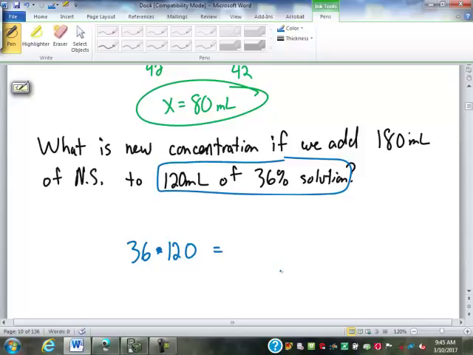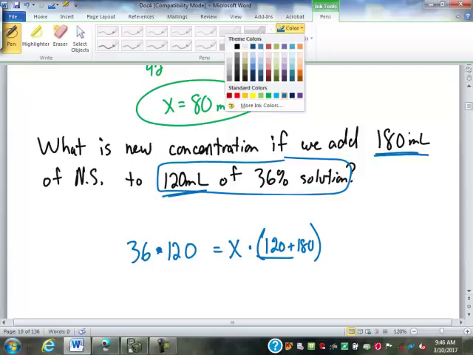On the other side, we don't know the concentration. What goes in here for the volume? Yeah, we added 180 milliliters to the 120 milliliters that was already there.